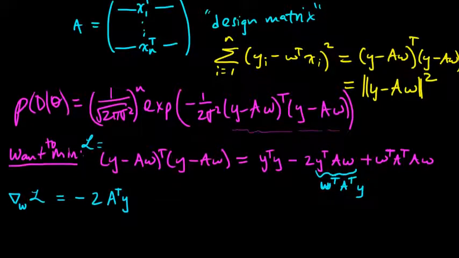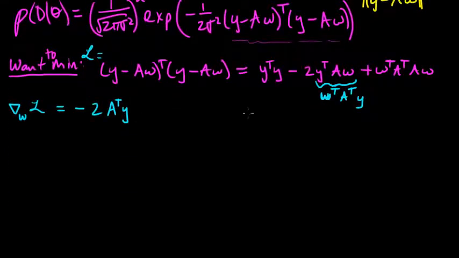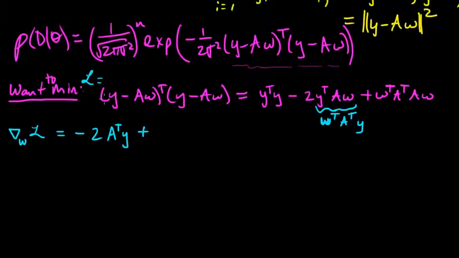Let's check that. That was a little trick there. Actually, let's divide this by 2, sorry, I'm changing things up, that'll make things a little easier. If we divide by 2, then this 2 goes away, because it's just a constant and doesn't affect the minimizer.